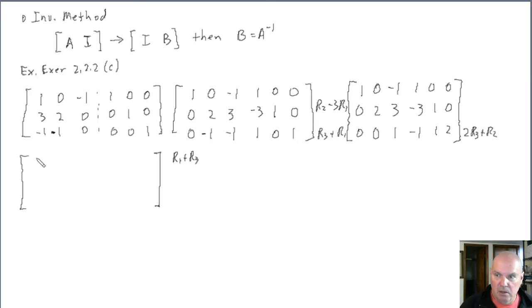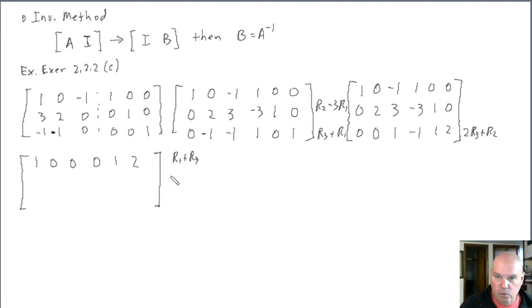So that's going to give me 1, 0, 0, then 1 plus 0, 0 plus 0, minus 1 plus 1, and 1 plus minus 1 is 0, 0 plus 1, and 0 plus 2. Yeah, that looks good.